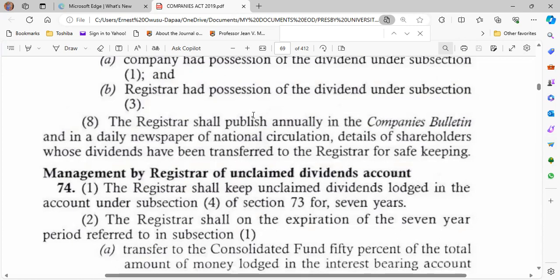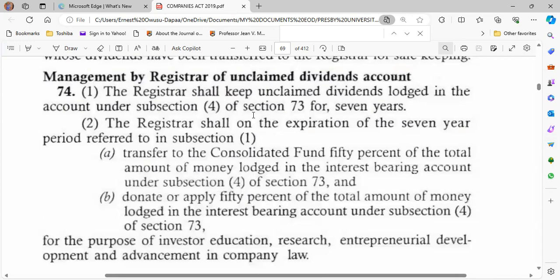Or it has been activated and the Registrar of Companies has actually decided to remain silent by not telling the public regarding those whose dividends have been transferred to it? Because the purpose of the publication is that if people get to know, they can then follow up and demand payment of their dividends from the registrar, as it were. Section 74.